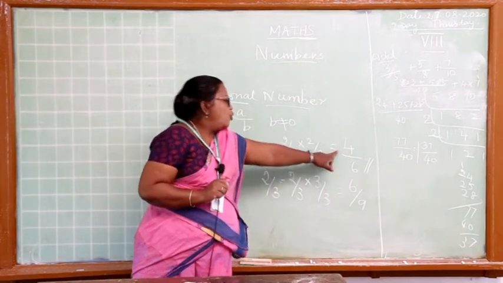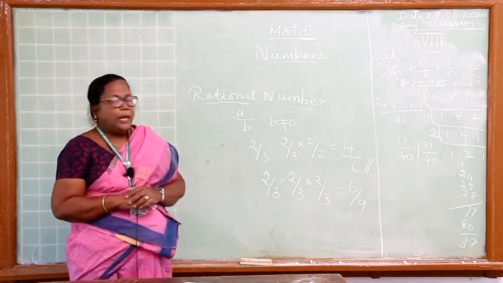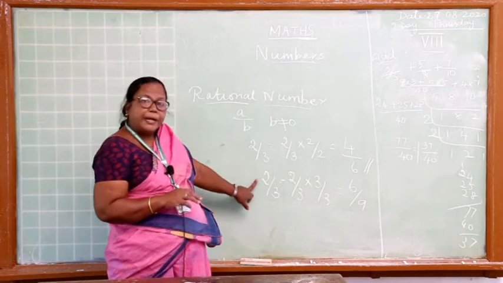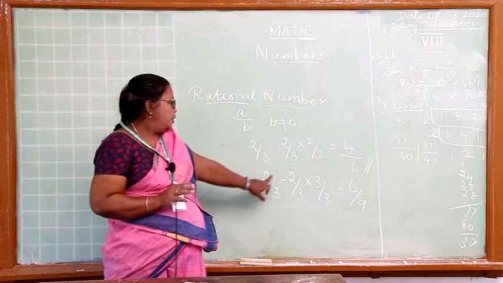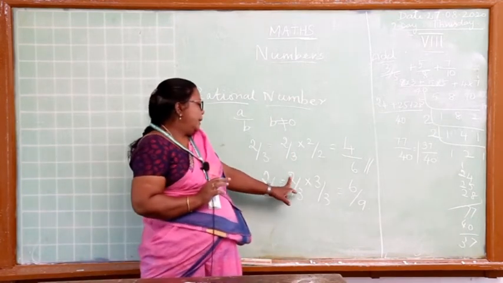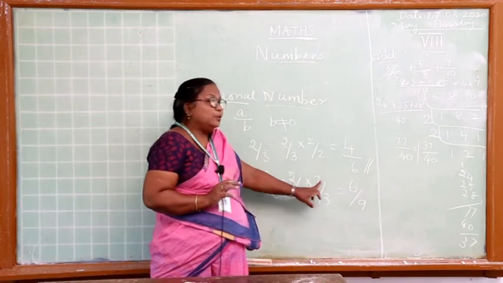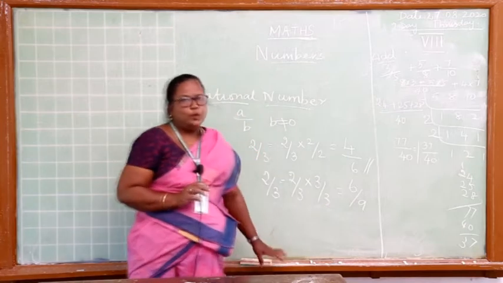That means 4 by 6. That is the first equivalent fraction. Understood? Second one, if you want to find another equivalent fraction for 2 by 3, you have to multiply and divide by 3. That means the numerator 2 into 3 is 6, and 3 into 3 is 9. Do you understand?